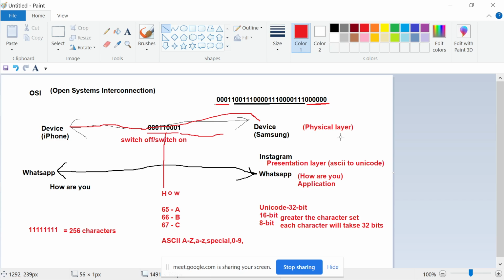So every layer is surrounded by some other layer, but ultimately when you're sending the data, it is going like a trail of bits. On the other end, somebody has to know where is the start and where is the end, and what is the piece of information in each part of those bits that has to be interpreted.